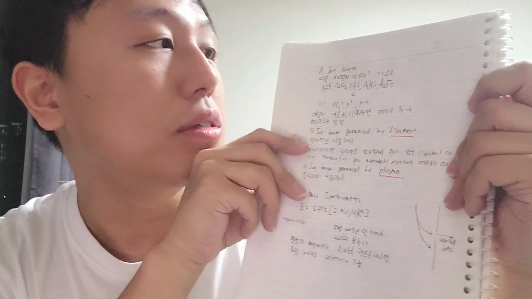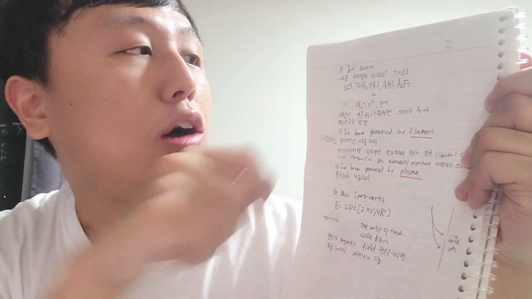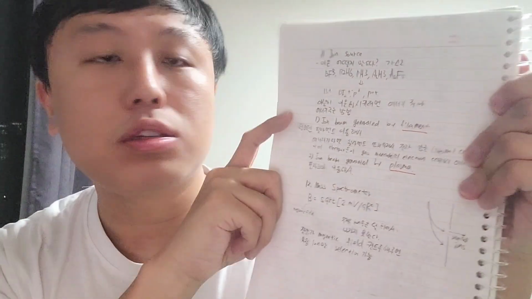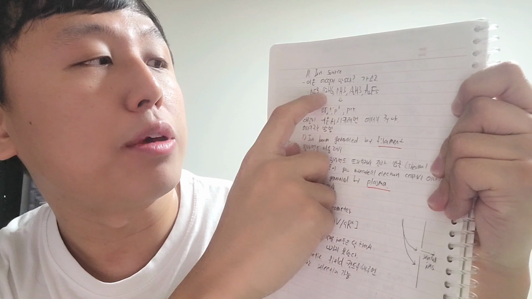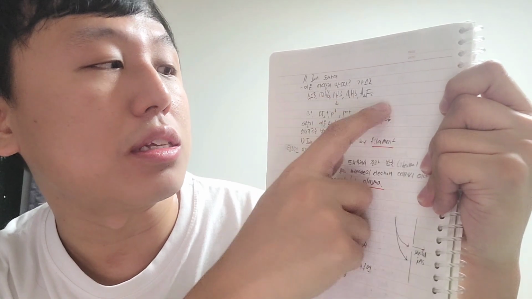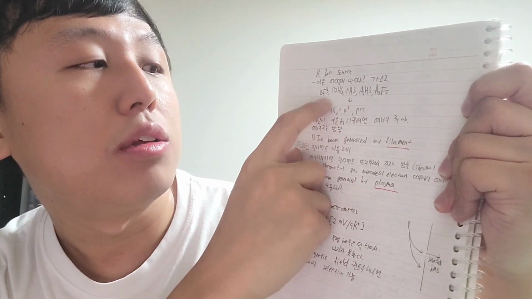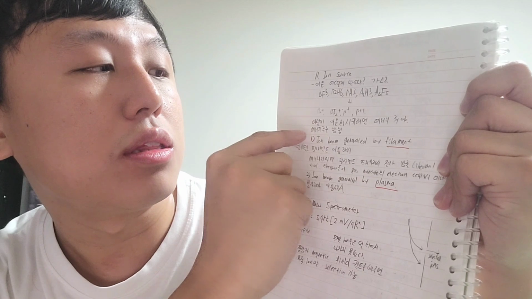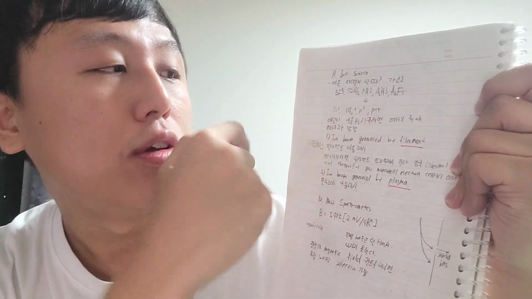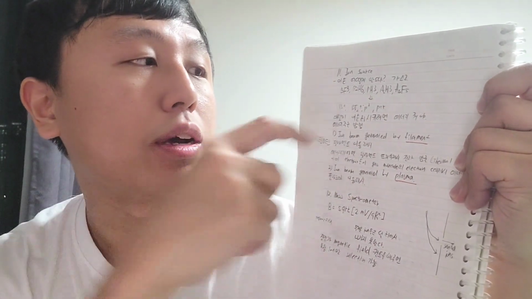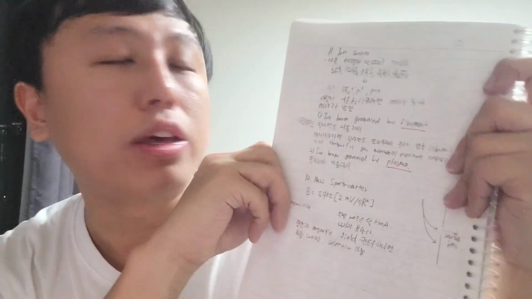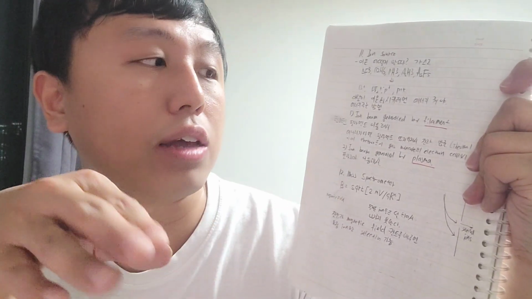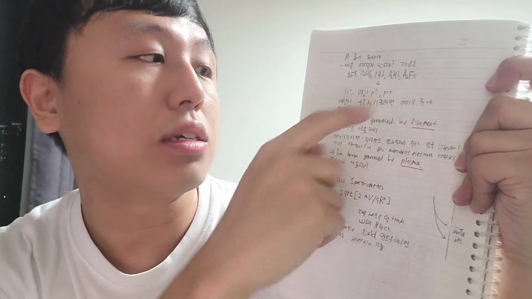First, the ion source. How do we make ions? We make them from gases like BF3 or B2H6. If we want to make ions, we should supply energy to this gas.